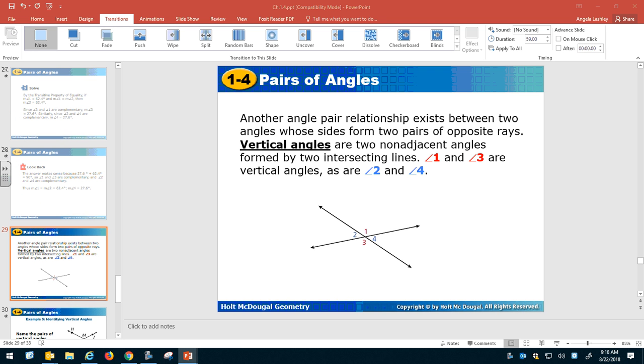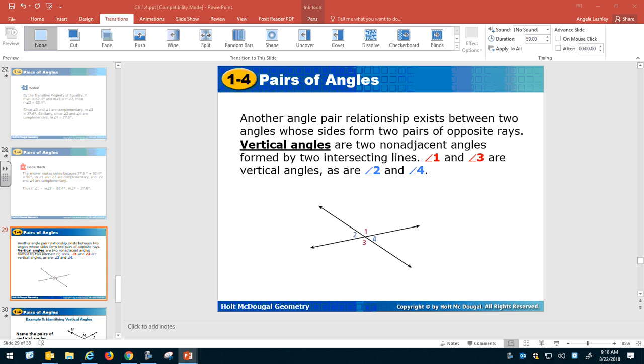Okay, last thing that's in section 1.4 is vertical angles. I'm going to stress and stress and stress. This is huge. Vertical angles. We are going to use them all year long. We're going to use them in proofs a bunch. You have to be able to spell it correctly. We will talk about them over and over and over again. Vertical angles are two non-adjacent angles.